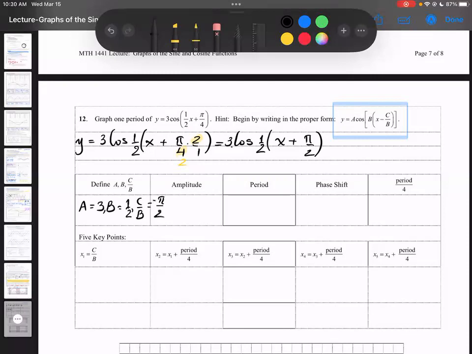Remember, the formula is x minus C over B. So x plus pi over 2 is the same thing as x minus negative pi over 2. That's why we move to the left. Even though you see positive, it's actually negative according to the formula. So C over B is negative pi over 2. Long story short, every time you see positive, just replace it with a negative.